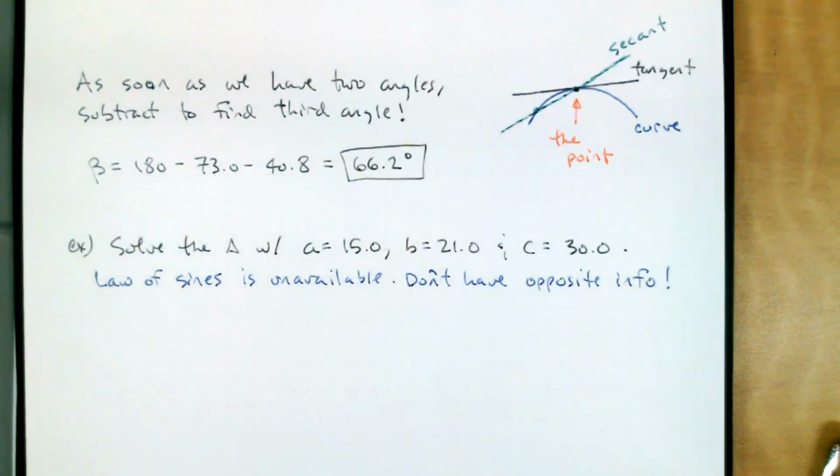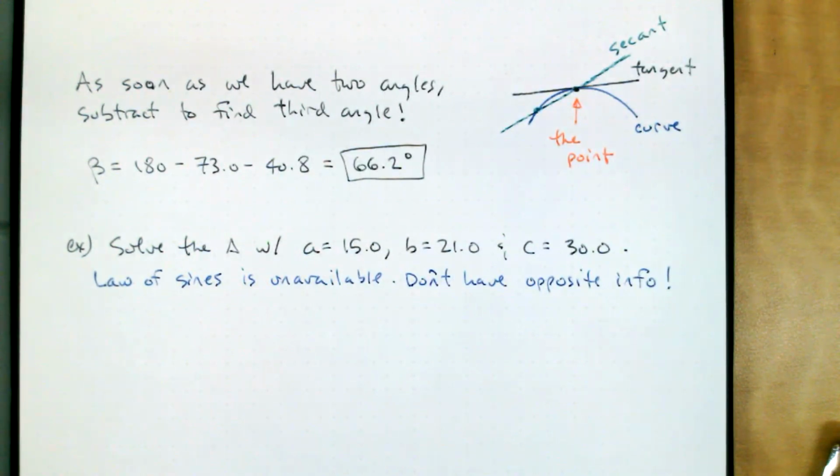So we're going to have to use the law of cosines. Now I've got a, b, and c, and all three versions of the law of cosines involve a, b, and c. So we're going to use the law of cosines, but in this case, we could start with any angle.